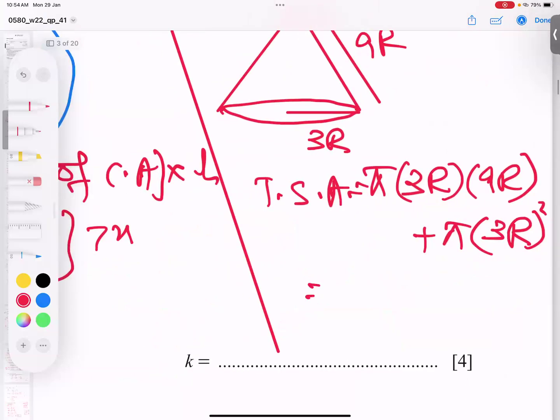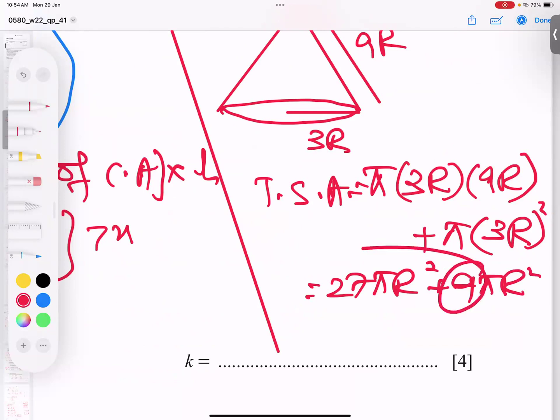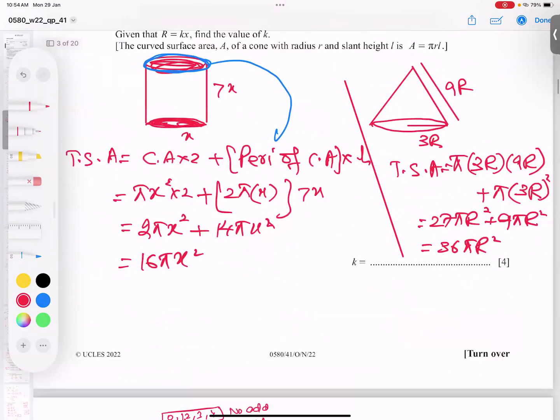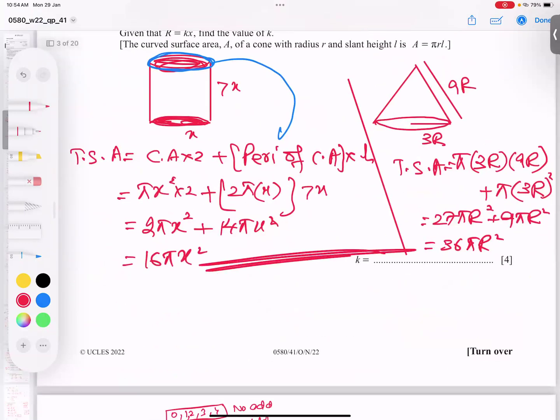Let's try to solve it. 3 9s are 27, so 27 comes, r into r, r square, and pi. What about this? Square of 3 gives you 9, so 9 pi r square. 9 plus 27, if you check it, becomes 36 pi r square. Alhamdulillah rabbil alameen. And he said both are equal to each other.